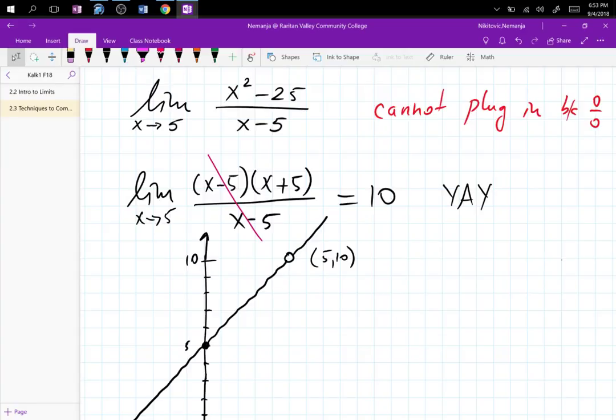But generally, we come up with problems that you can cancel and show off your skills in that department. So most likely, if it's not canceling, factoring and canceling, you are doing something wrong. So one of the algebraic ways to do this is to do just basic factoring.